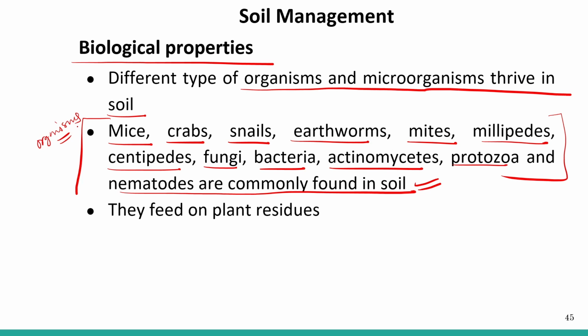They feed on plant residues, whatever litter is there, the dead matter of plants, twigs, fruit, all the parts of the plant that are present in the soil.